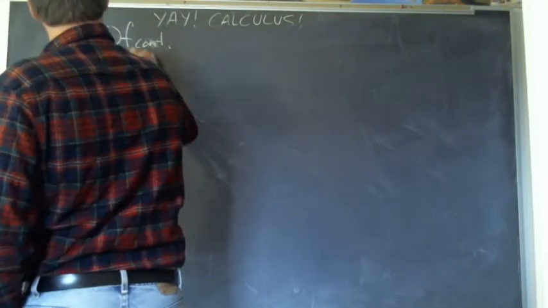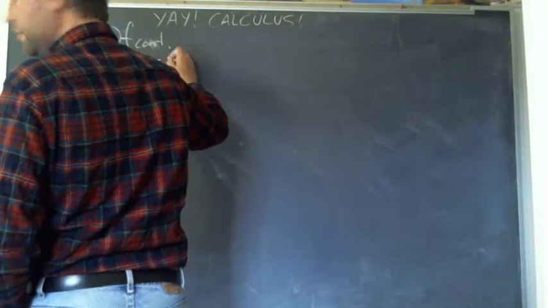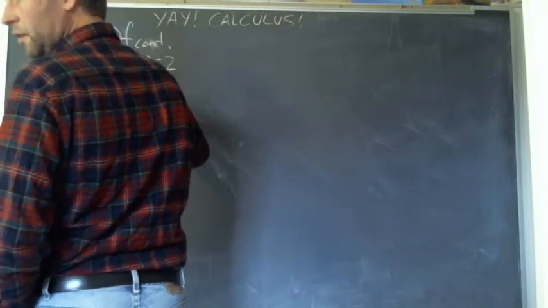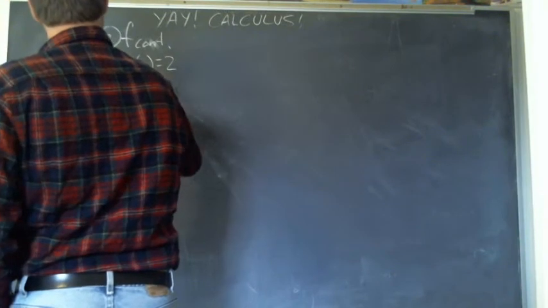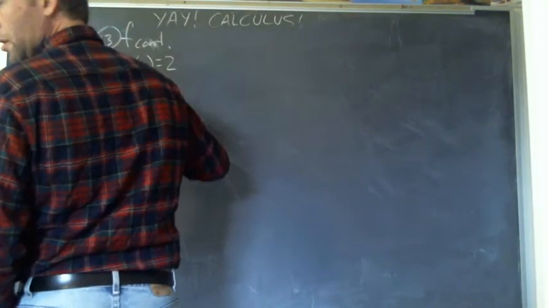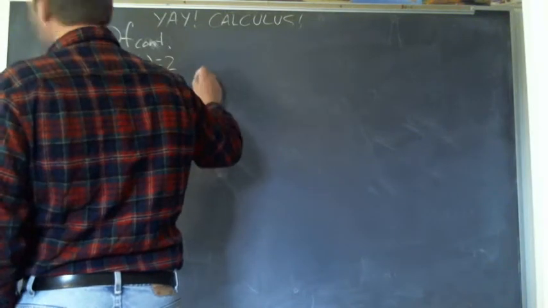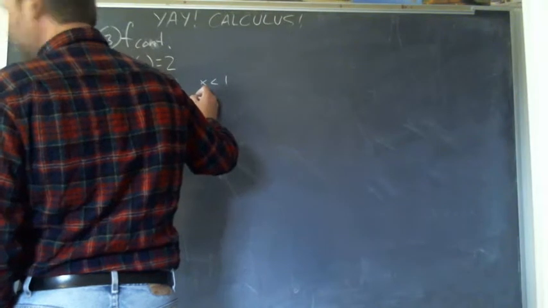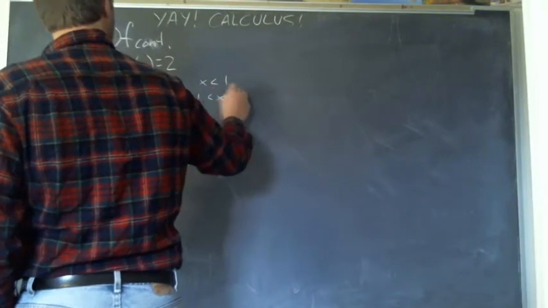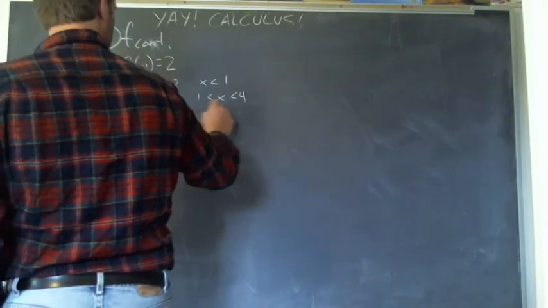Second thing we know is that at -1, the value of f is 2. And that all of our slopes are -2, 1, and -1 on the intervals of x less than 1, x from 1 to 4, and x from 4 to 6.